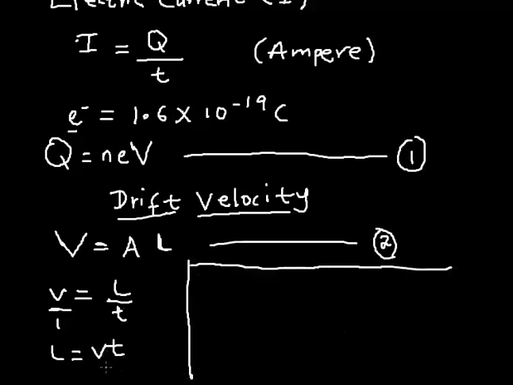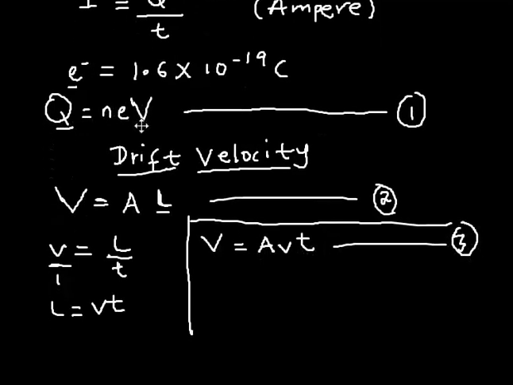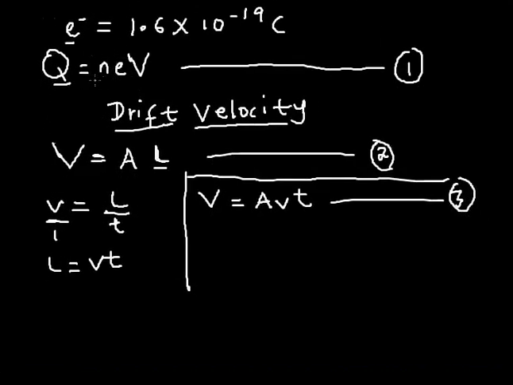Substituting into this, the volume of my conductor is given as the area of the conductor multiplied by the length, and the length is given as the drift velocity of the electron times time. Let me call this equation 3. Now substituting this into the original expression for quantity of charge: remember I told you that quantity of charge is given as number of electrons multiplied by electronic charge times volume.